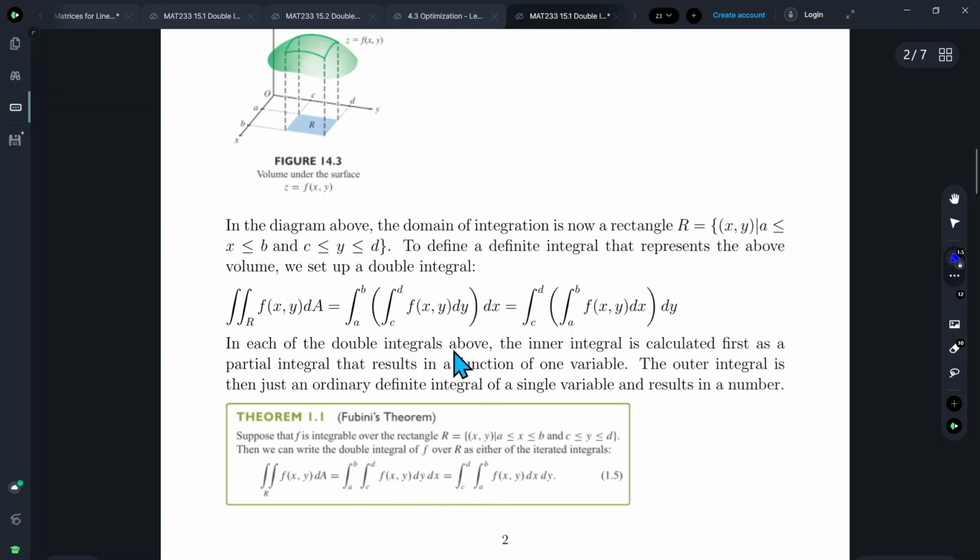Again, typically in these double integrals, you integrate one variable at a time, and you calculate the inner integral first as a partial integral, and then once that's completed, you calculate the outer integral, which is an ordinary integral. So that's the basic idea. Next page we'll look at an example of such a calculation.